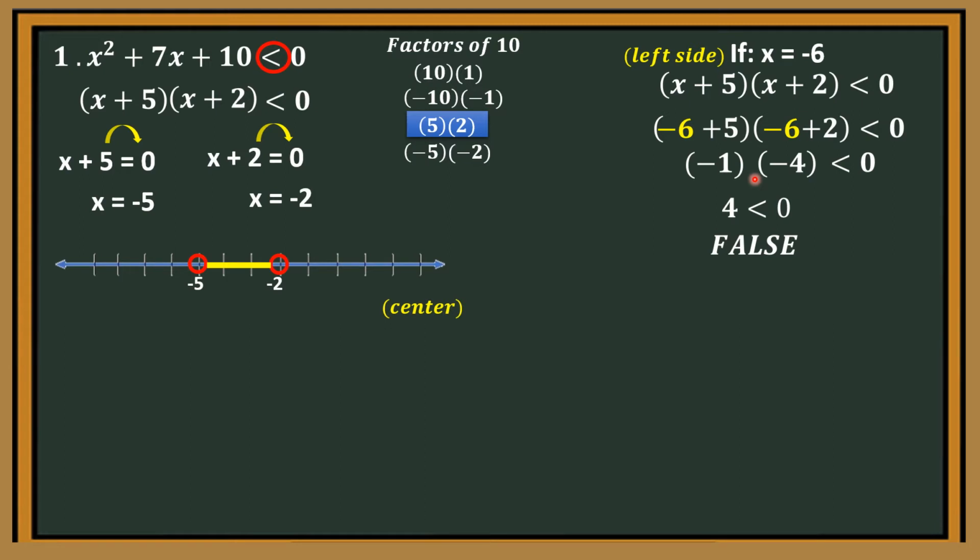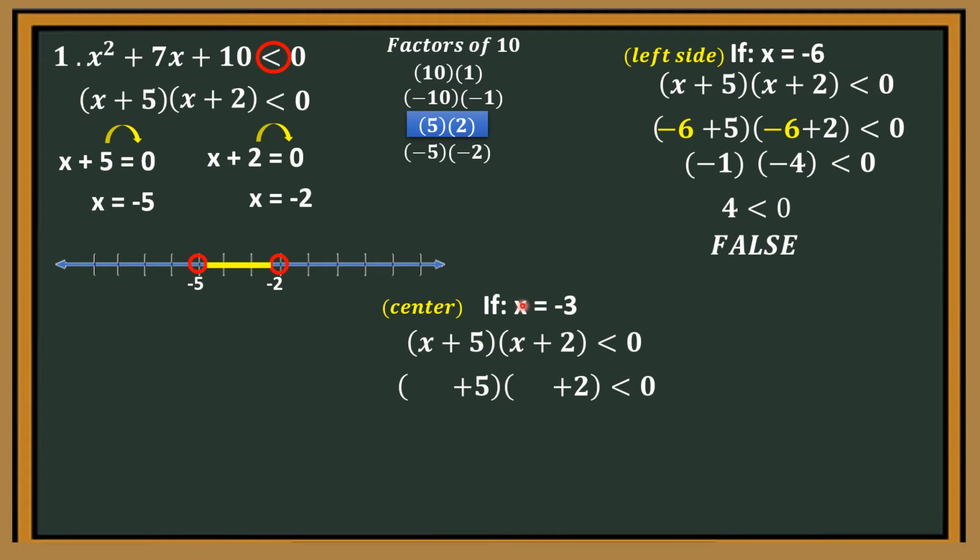Let's go to the center. I'll choose negative 3. Then factor form, x plus 5 and x plus 2 is less than 0. By substitution, your x is negative 3. Copy plus 5, x is negative 3. Copy plus 2, copy less than 0.